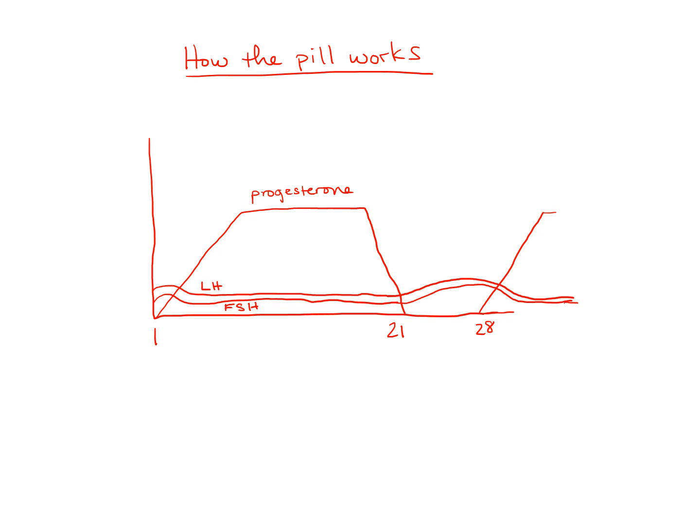Okay, so remember on our hypothalamus and anterior pituitary here, with our GnRH and the LH and FSH.